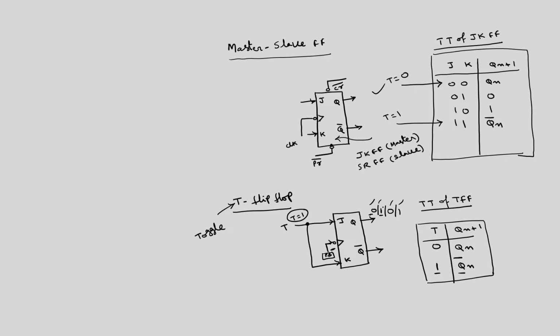So when will it change? Assume, for example, that initially Q is equal to 0 and this is the clock signal, and I am assuming that here I have given a bubble, so this is negative edge triggered.